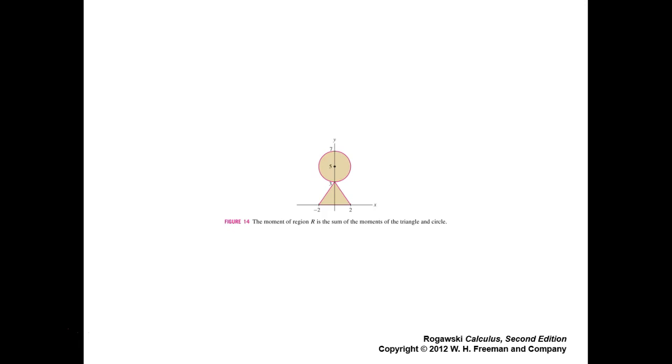Now, they gave us this way at the very beginning, and if you turn back a page, you'll see when it talks about lamina, if a region is decomposed, you see that italicized thing right under there. If a region is decomposed into smaller, non-overlapping regions, then the moment of the region is the sum of the moments of the smaller regions, not the centroids. The moments. And then you have to still do the centroid, okay?